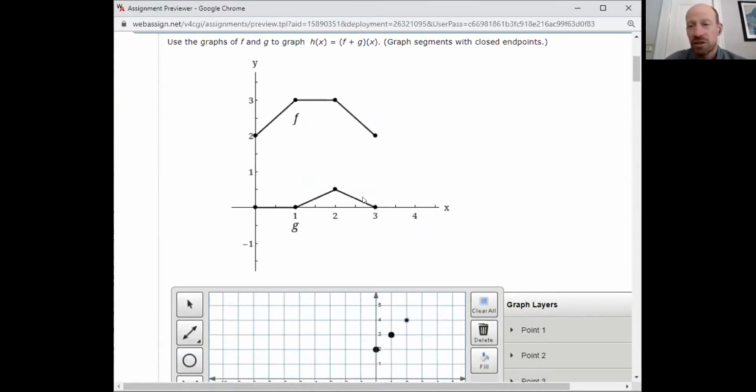So your new function is made up of just adding the f and the g together. And you do the same thing if it was multiplying or dividing or subtracting, right? You can create the new function just by doing your operation with your original functions, whatever they might be, f and g.